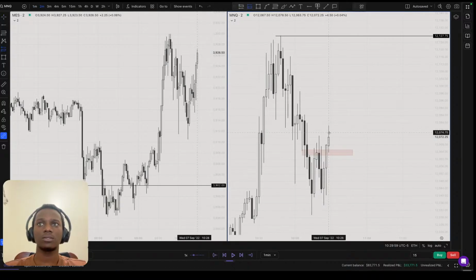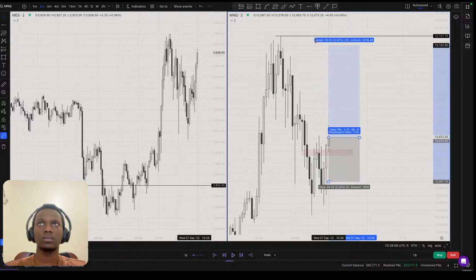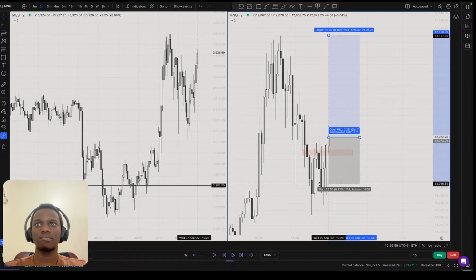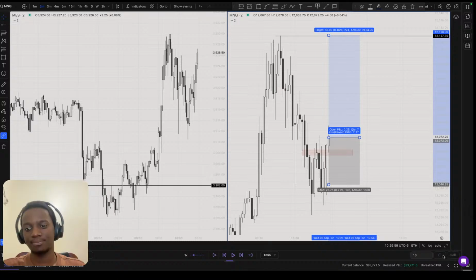I think we can long it, and this high here will be the target. Put my stop somewhere around here. For around 1 mini, can long it.